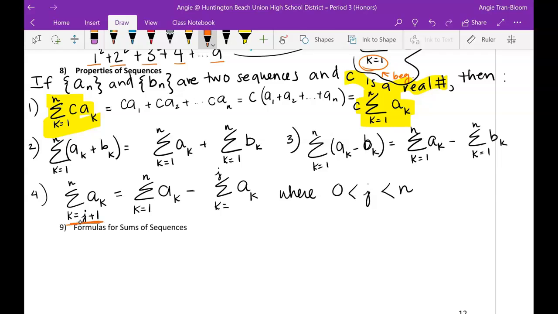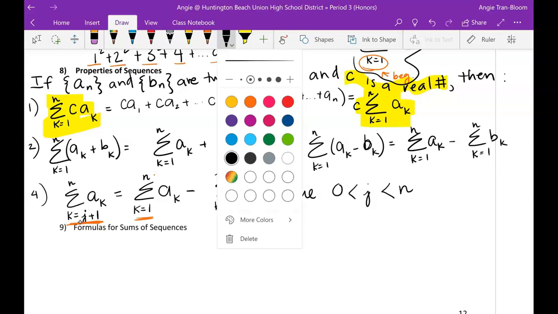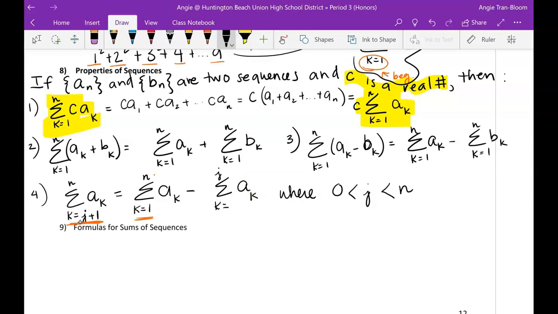If j is 4, well, I don't want it to start at 5. Okay, I want to count starting at 1. Then I can start from 1, okay, to 9, and then take away, oops, I didn't finish writing. This is k equals 1. Okay, take away 1 to 4. Okay, so that gives me 5 to 9. That's all that is.